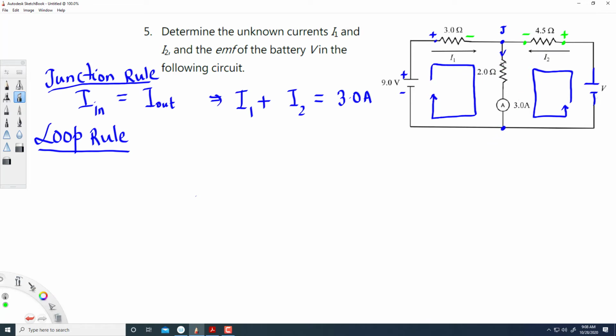For this one, current is going down, so this point is positive, that's negative. This battery, longer side is positive, shorter side is negative. So we assign signs to all the components, and now we can use the loop rule. Let's call this loop 1 and start with loop 1.